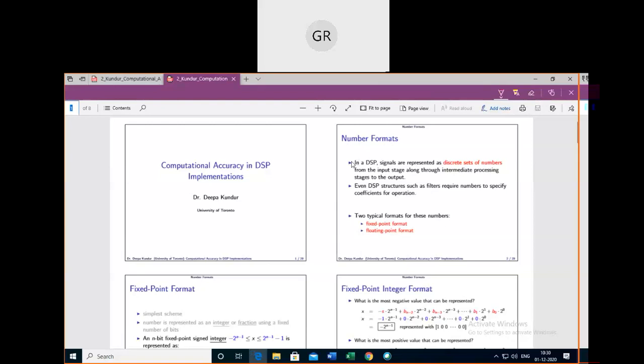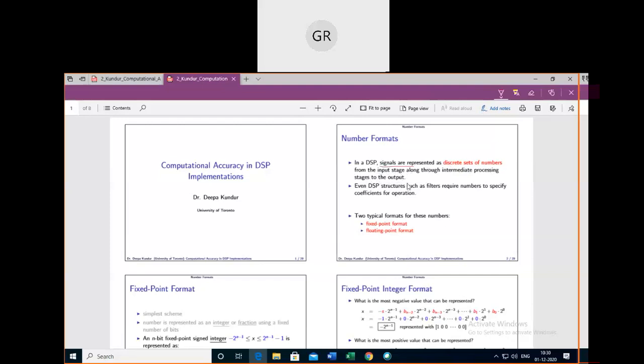Here in a DSP, signals are represented as a discrete set of numbers from the input stage, along through intermediate processing stages, to the output.